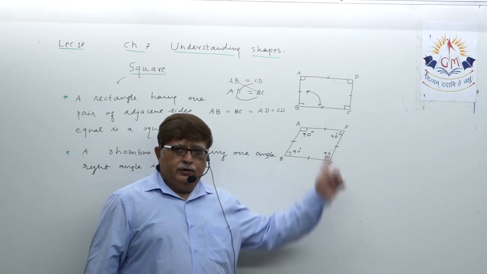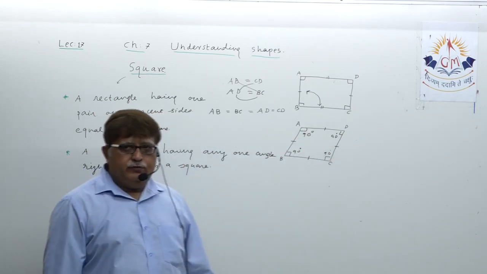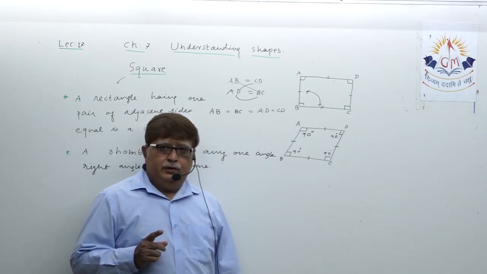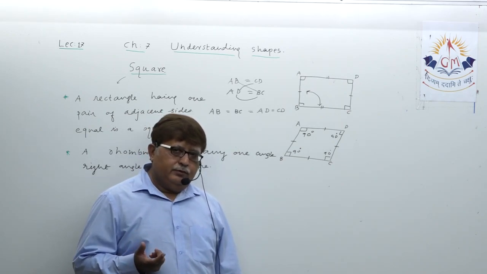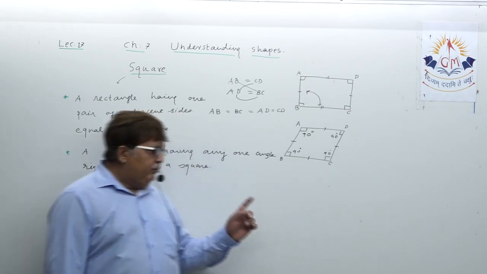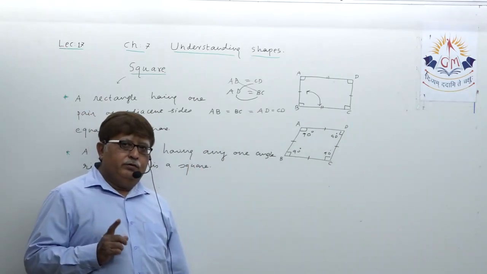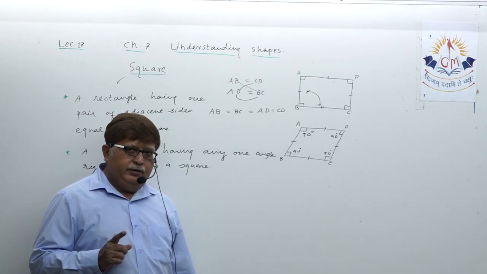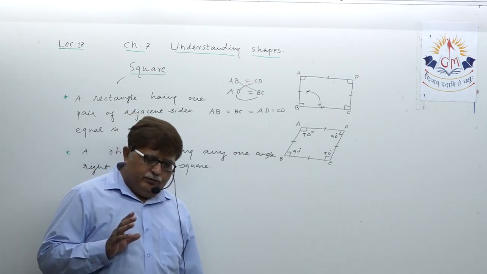That means when one pair of adjacent sides of an angle is equal, then it becomes a square. A rhombus becomes a square when one of the angles in the rhombus is 90 degrees, that means a right angle. Okay, dear student?